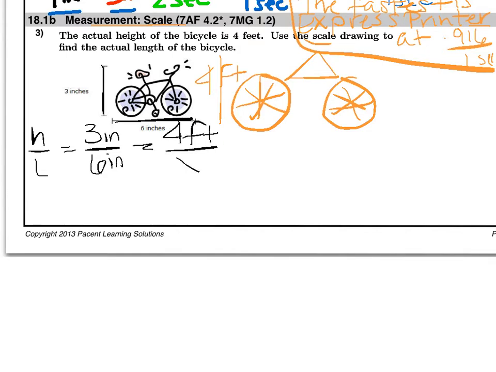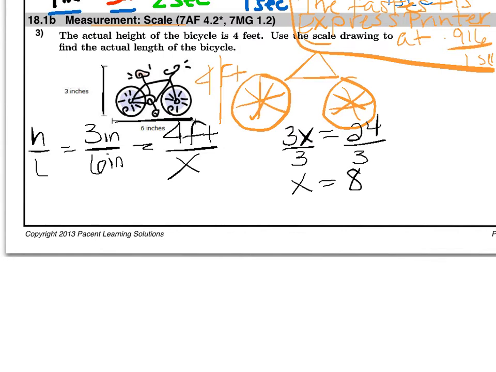So I want to know my real length. I'm going to use cross products. 3 times x is 3x, which is equal to 6 times 4, which is 24. And I'm going to divide by 3 to get x alone, and I have x is equal to 8.